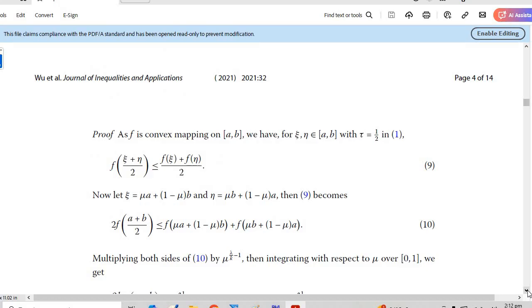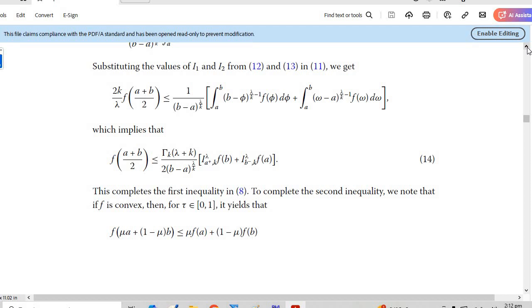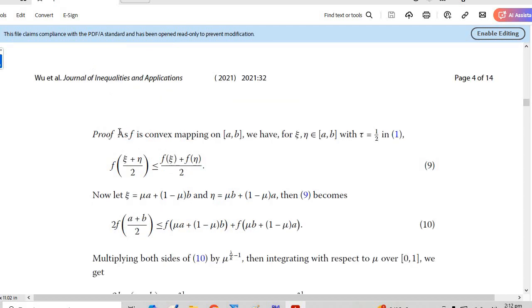For this, let's begin with the proof. If f is convex, then by the definition of convexity, f of (lambda x plus (1 minus lambda) y) is less than or equal to lambda f of x plus (1 minus lambda) f of y.